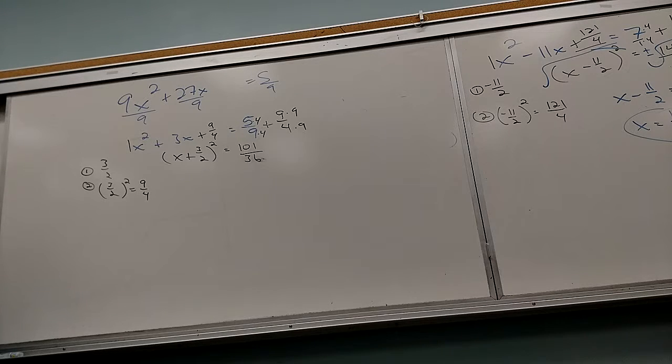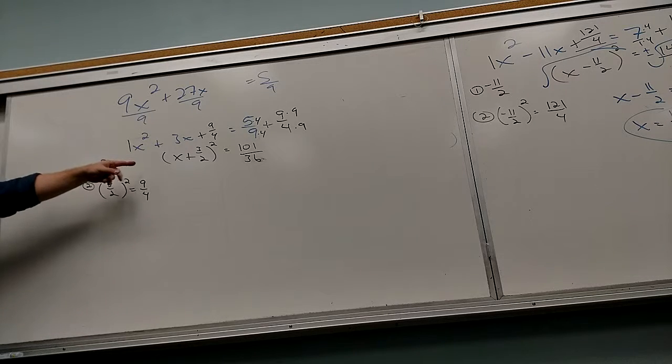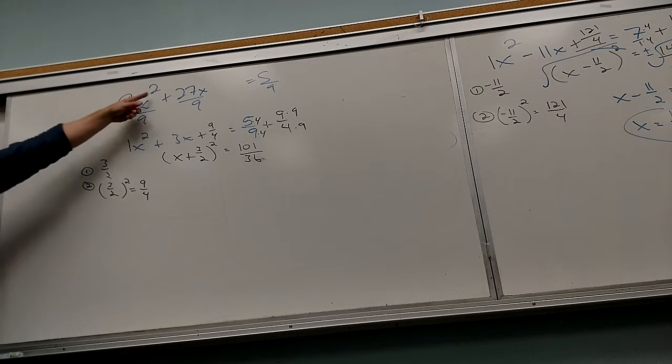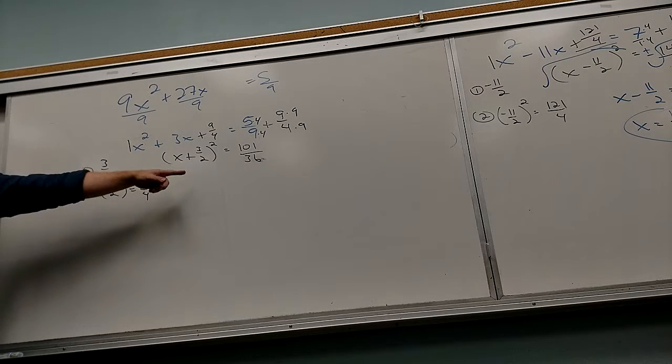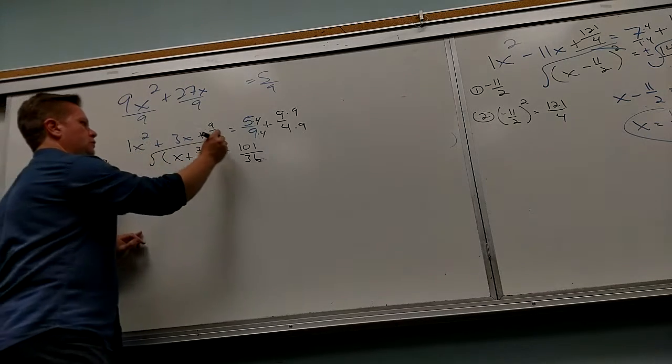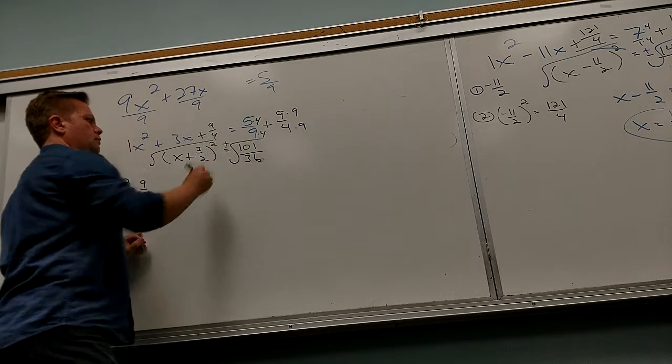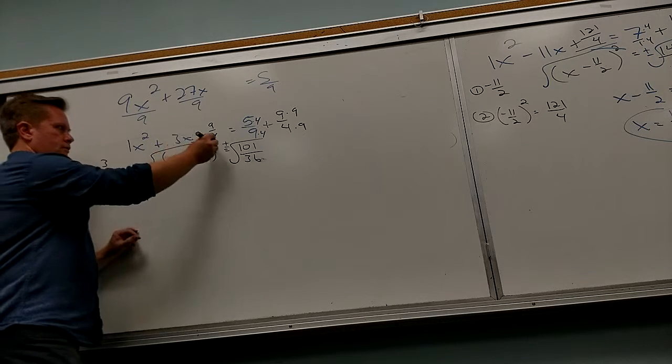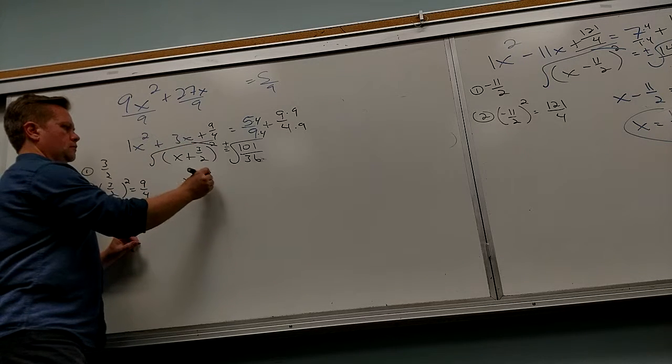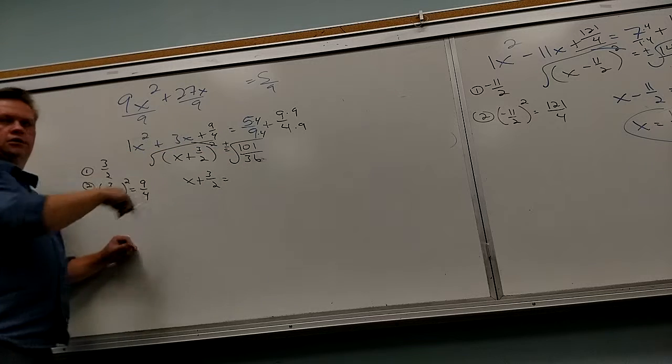And now I've got the completed square part is done. And its whole purpose was to make this so I could attack the squared thing directly. So now I, of course, take a square root, put my plus or minus. So over there, you should know what to do now.